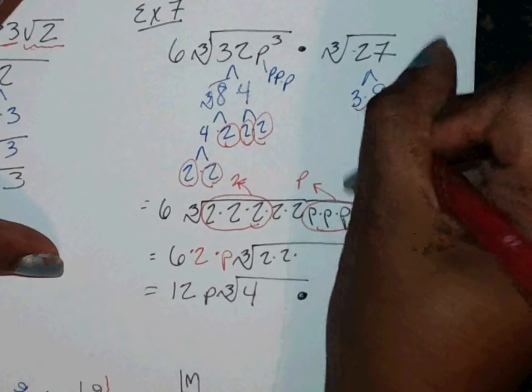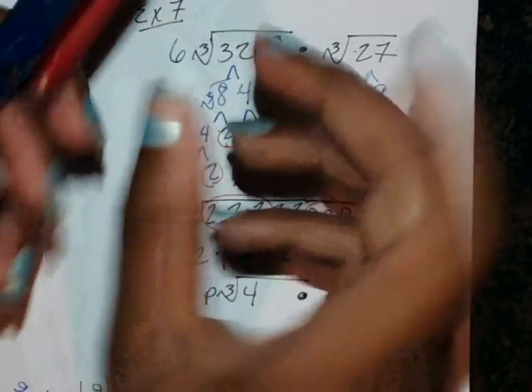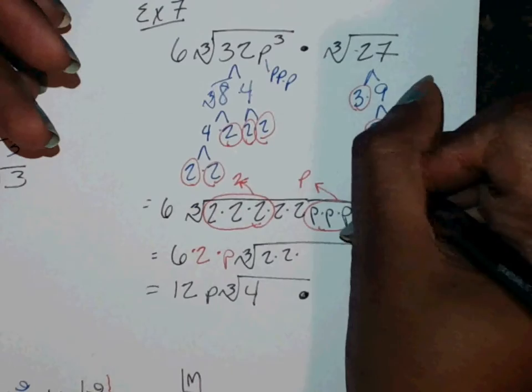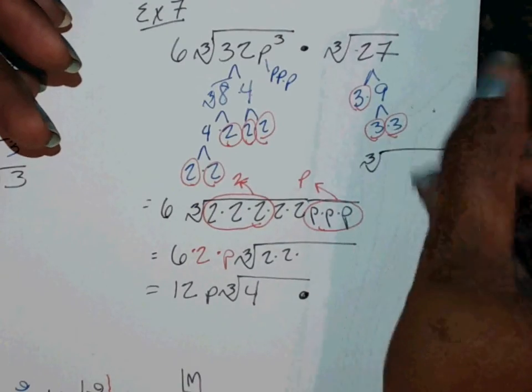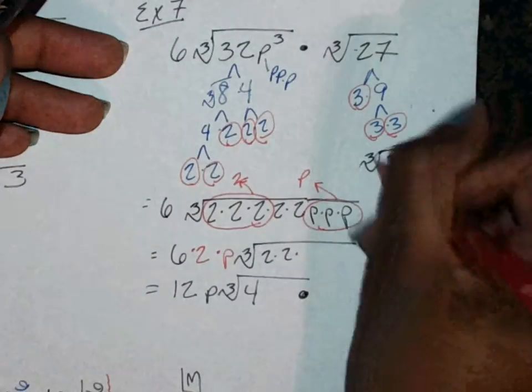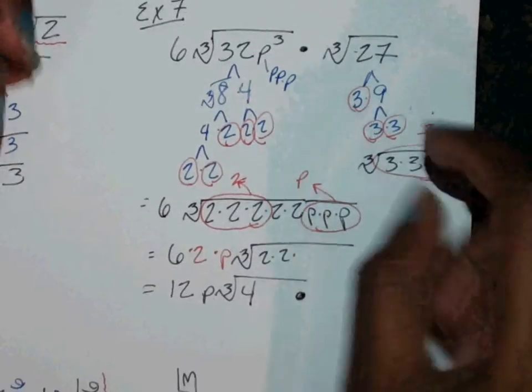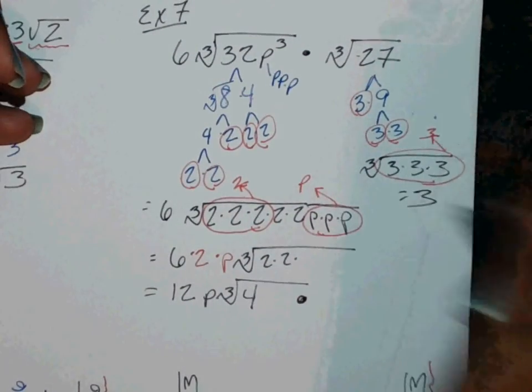Can't simplify these anymore. So, the cube root of 27 is really the cube root of 3 times 3 times 3. Ha! Group of 3 comes out perfectly. So the cube root of 27 is really 3.